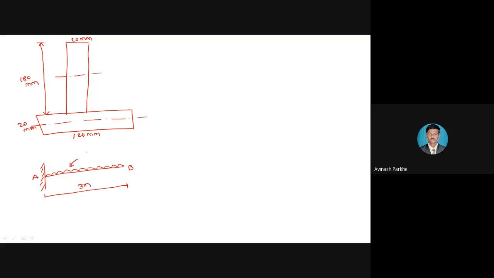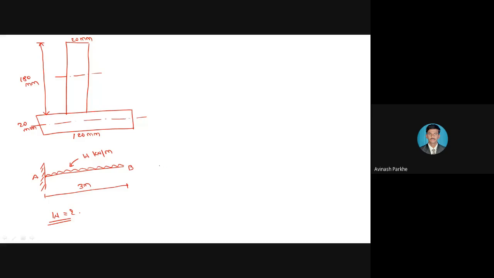W kilonewton per meter. Okay. We have to calculate UDL value. In this particular problem, we have to calculate UDL value.